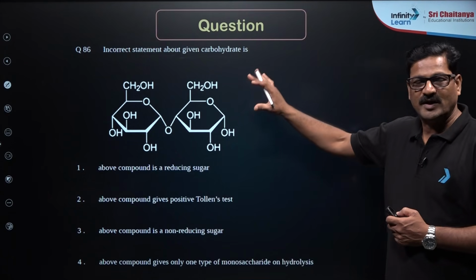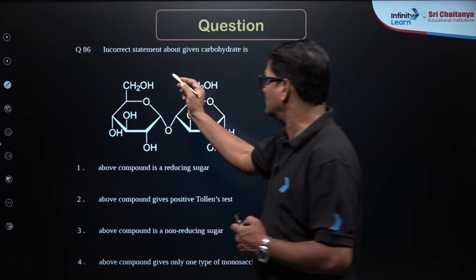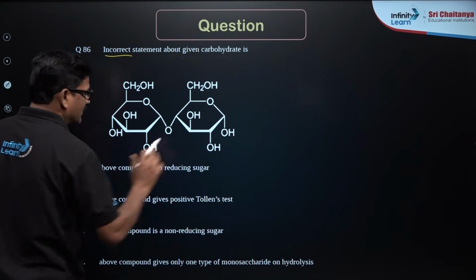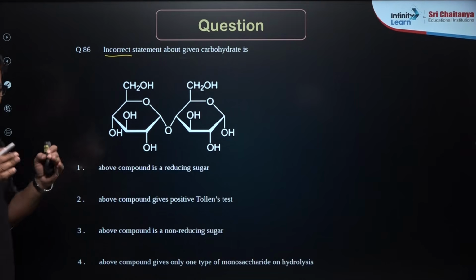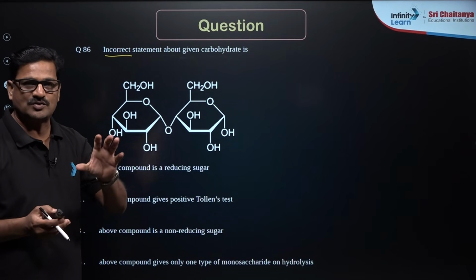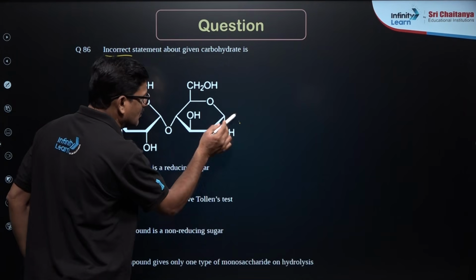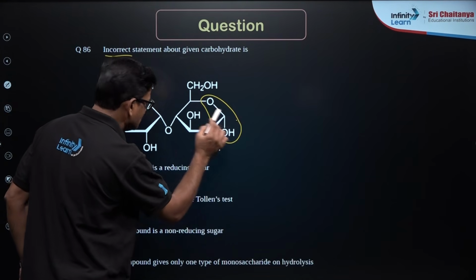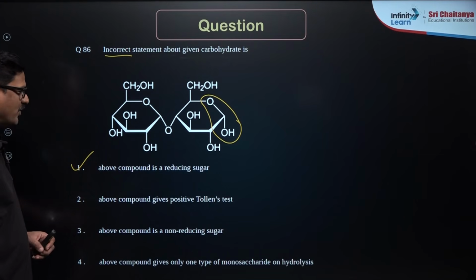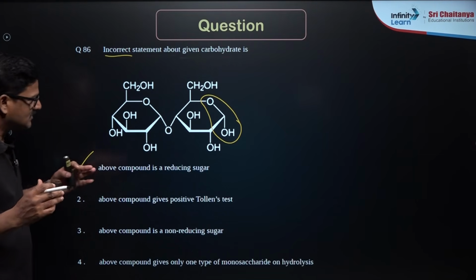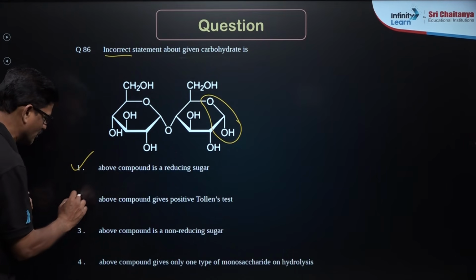Students, this is a biomolecule related carbohydrate based question. Here the incorrect statement about the given carbohydrate is: the above compound is a reducing sugar. In order to be a reducing sugar, the sugar should have either a free aldehyde group or a hemiacetal linkage. So you can see this is a reducing sugar, correct statement. Above compound gives a positive Tollens test. This compound is going to give all the reducing sugars, you will give the positive Tollens test.